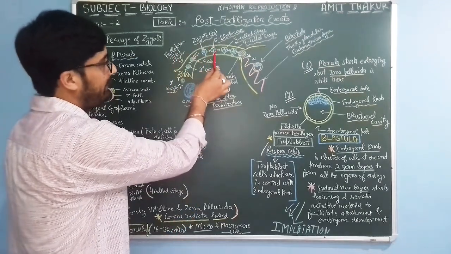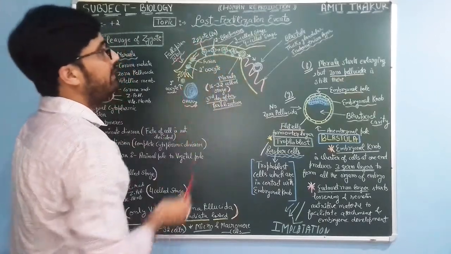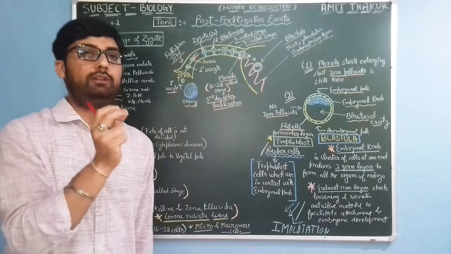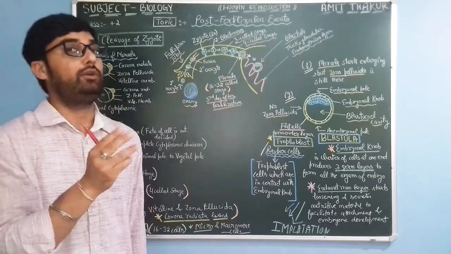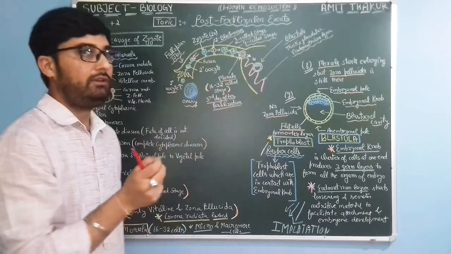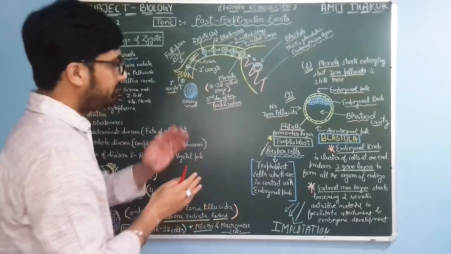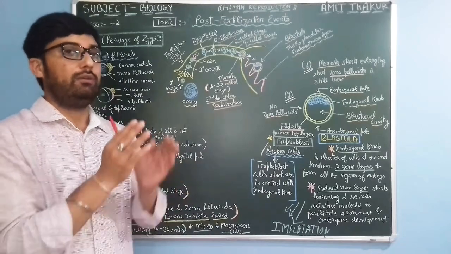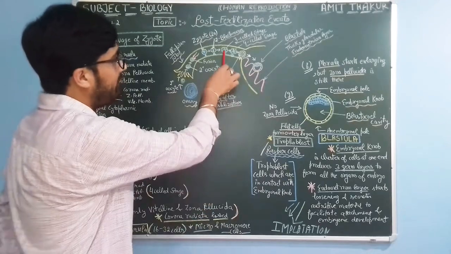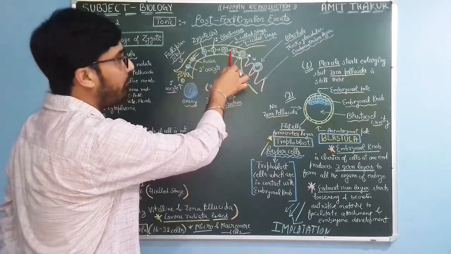This two-celled stage then changes into a three-celled stage. When the zygote becomes two-celled, the division of cytoplasm is not equal, so one part is large and one part is small. This is the three-celled stage, which then becomes the four-celled stage.